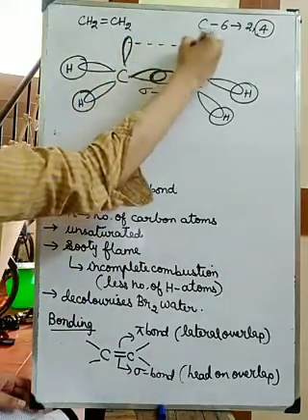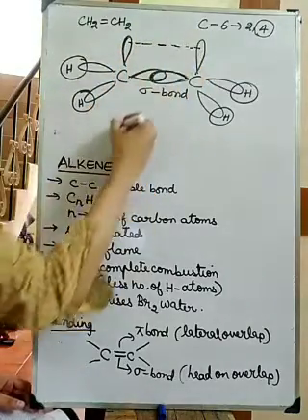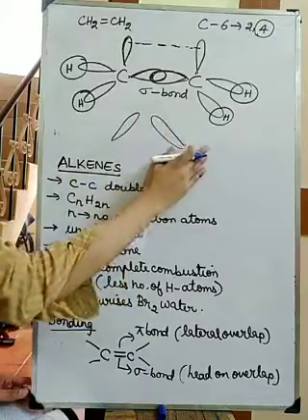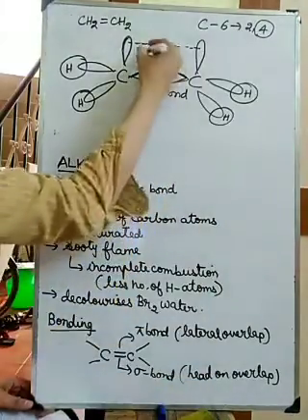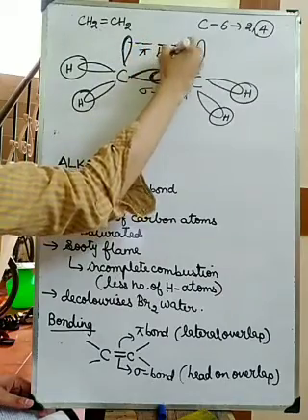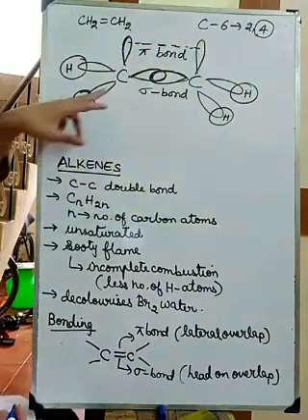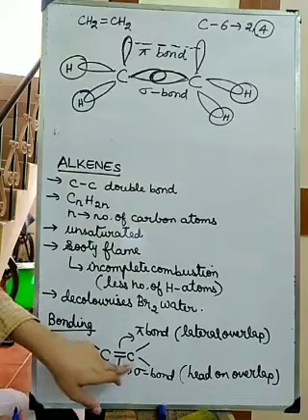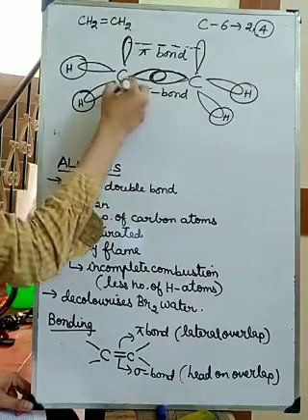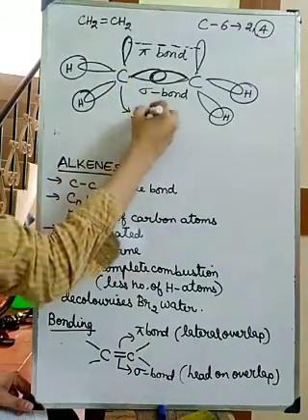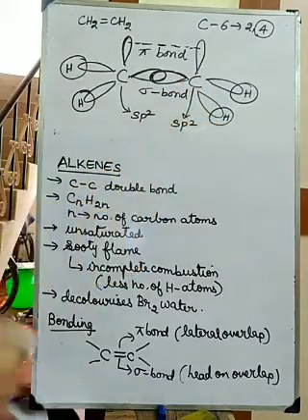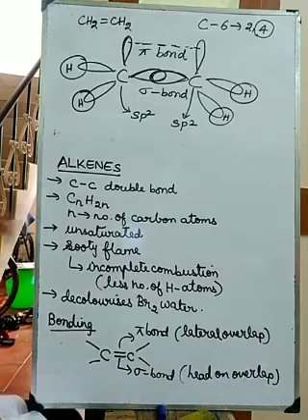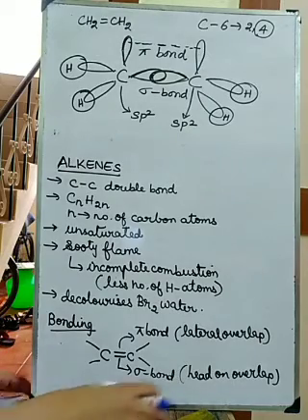They are forming only lateral overlap. Laterally they will attach like this. If it is lateral overlap, we call it a pi bond. If the carbon is present in a double bond, what is the hybridization of the carbon? sp2 hybridization. So if the carbon has a double bond, it is sp2 hybridized.